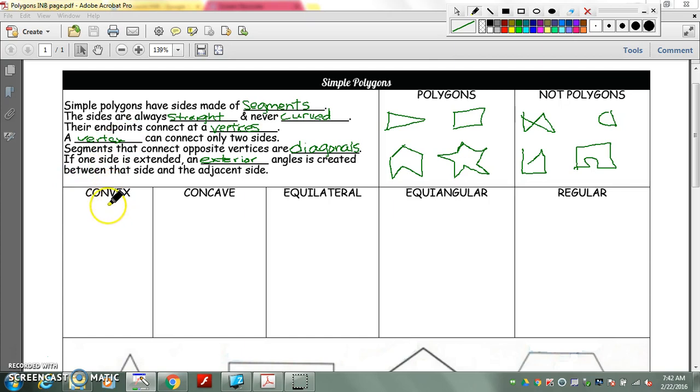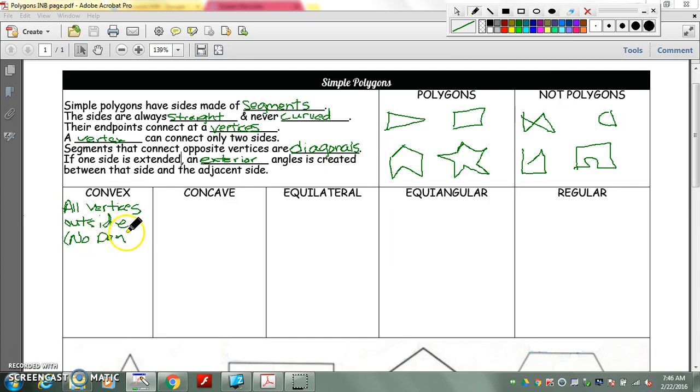Convex. We have convex and concave. Okay, convex means all vertices are outside, which means there's no dents in our figure.